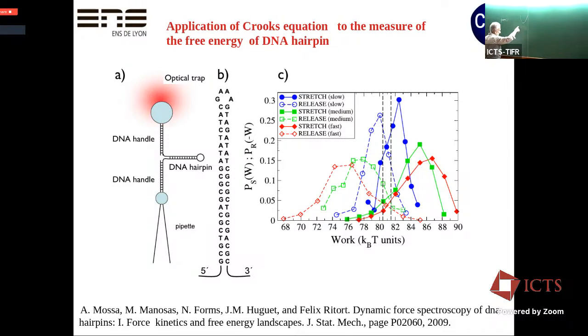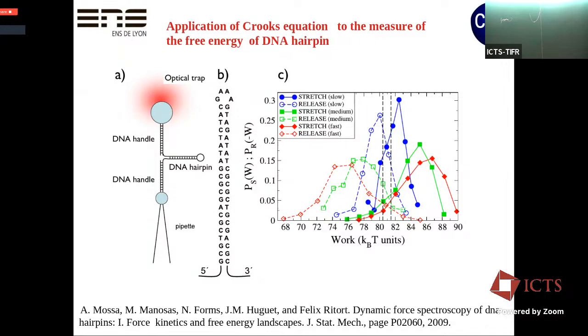So the mean position of the bead inside the optical trap is measuring the length of the spring, and in this way you know the force that is applied to the hairpin.